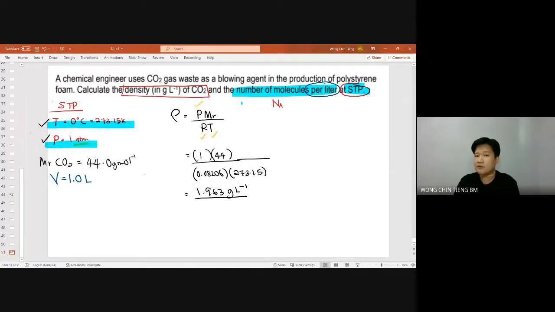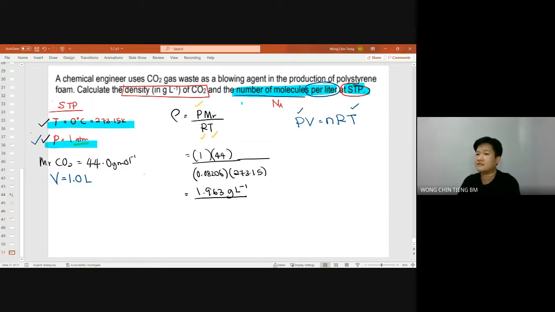Kita nak cari number of molecule, guys. Alright, we want to find the number of molecule. Before finding the number of molecule, kita kena ada apa terlebih dahulu? Anybody? Number of mole. Thank you. Alright, we need to have the number of mole. So your PV equals to nRT will be using the same pressure sebab masih adalah STP.